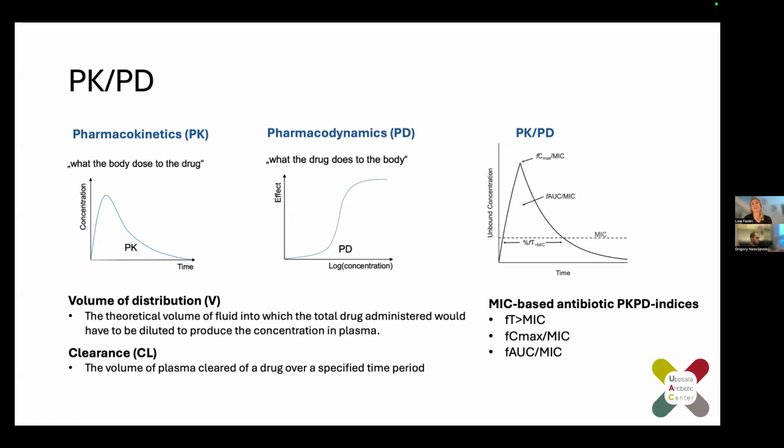PK/PD is the relationship between PK and PD, and describes the link between the antibiotic exposure after a given dose and the effect on the bacteria. And usually we talk about 3 PK/PD indices, or PK/PD targets, which describe different types of exposure in relation to MIC.